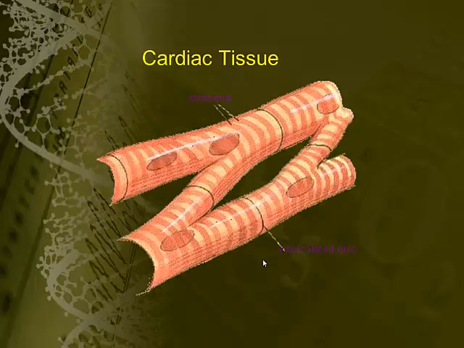Okay, again, we're going to talk way more about cardiac tissue and the cardiovascular system in, I think, section 3. But for right now, I wanted to talk about just a quick couple of things that are really important to fitness and give them to you early. So we just talked about how cardiac cells are branched and they have these intercalated discs. So the discs aren't important, but this branching that we see right here is extremely important because it gives us the ability to regenerate tissue in two ways.